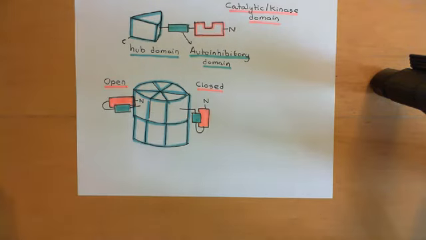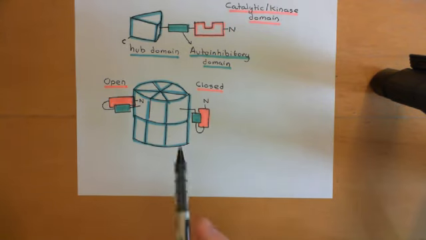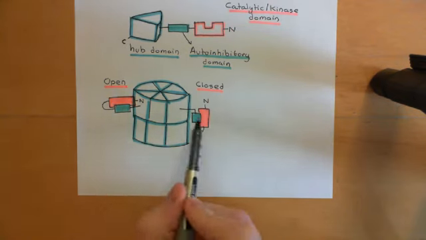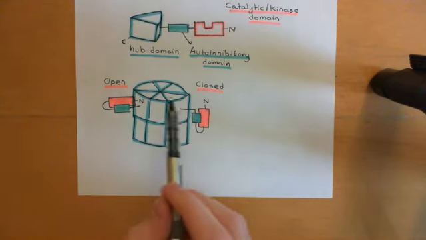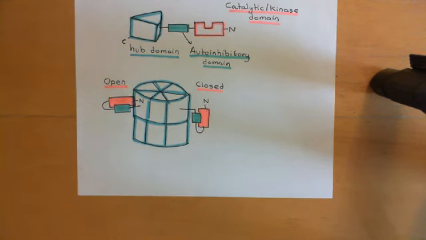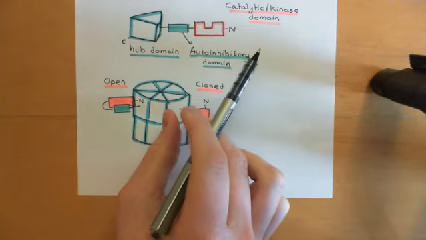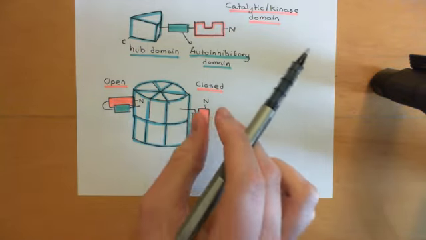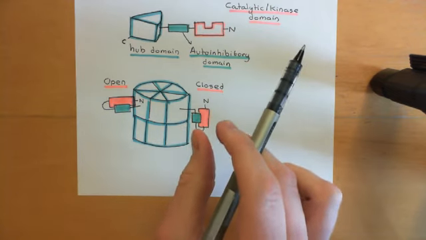So basically both of these states are inactive. Both of the catalytic domains here are bound to the autoinhibitory domain and therefore are not capable of catalyzing the phosphorylation of any serine or threonine residues. However, they are in different states, these two CamKII 2 monomers in the dodecamer. This one is very closely tucked up to the hub domain, and that means that it's actually not available to bind to calcium-calmodulin complexes.